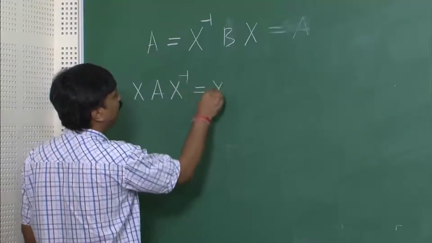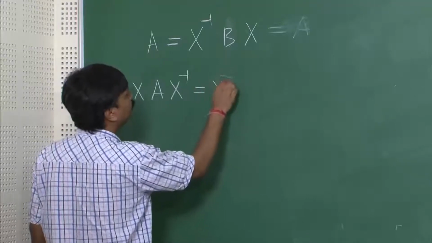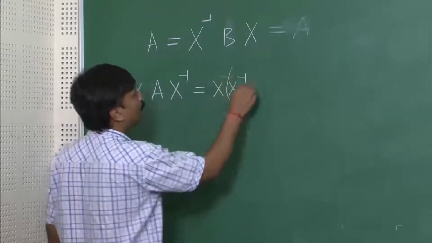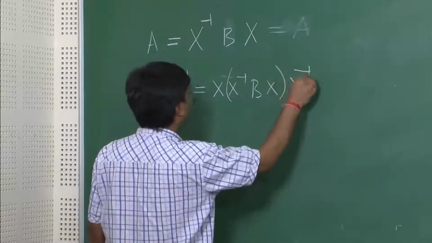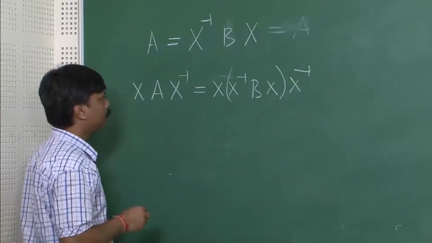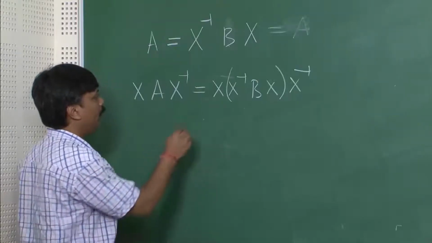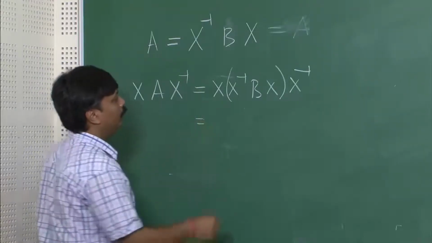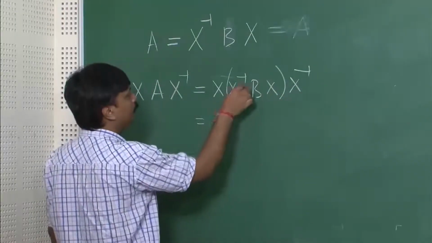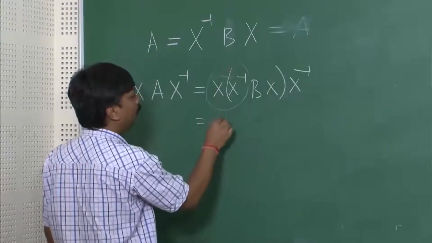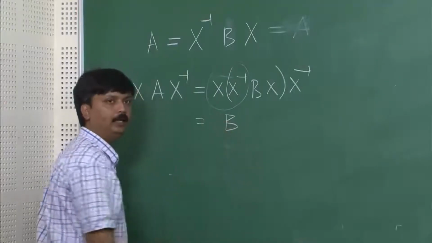So let us do that. So what do we have here? This part will give identity, and this part also will give me identity. So ultimately I have B here, right?